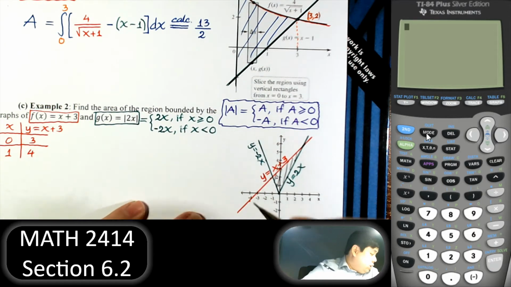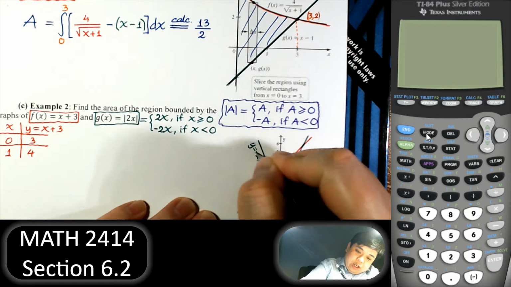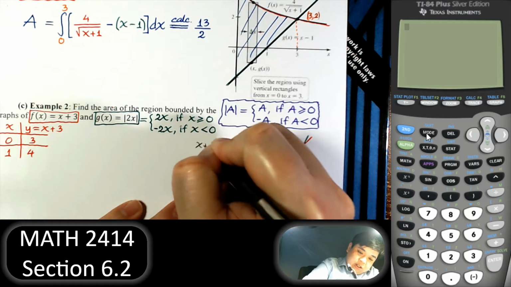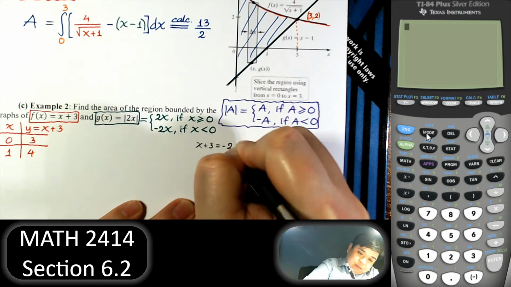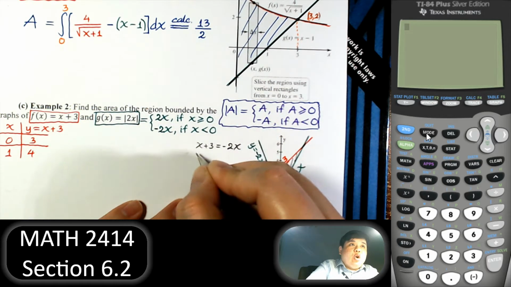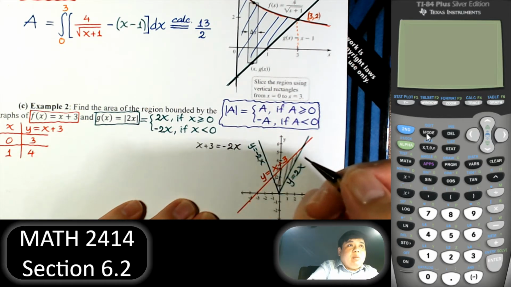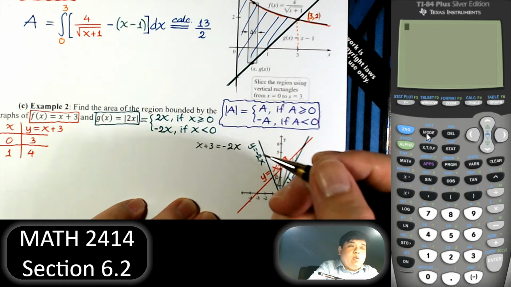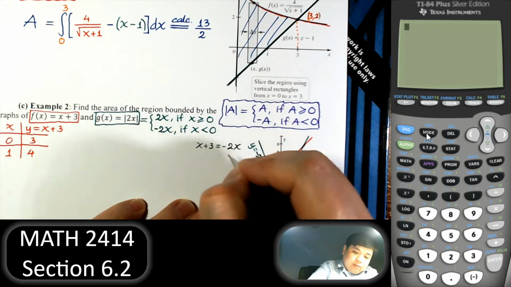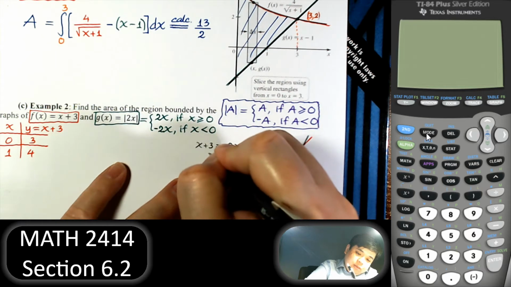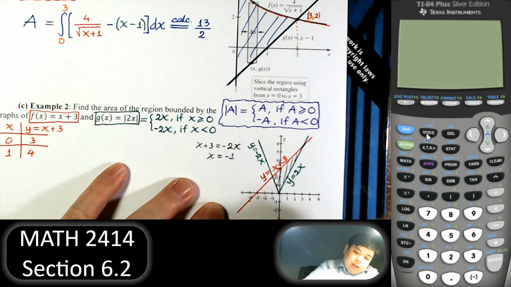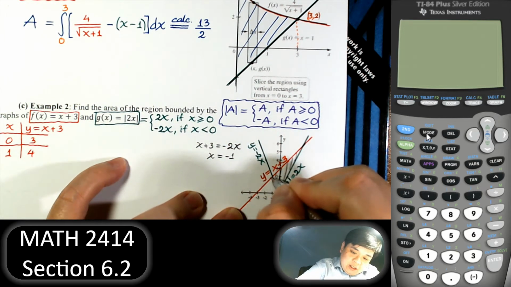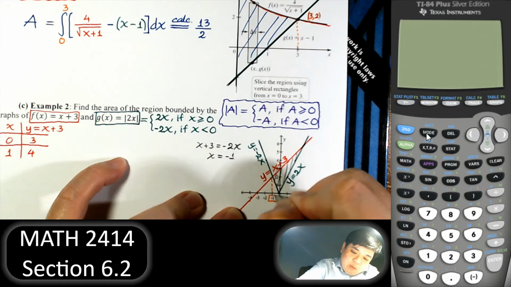Just going to do that quickly. x plus 3 equals negative 2x, for instance. Move the x over, move the 3 over, and divide, so x equals negative 1 here. So that's why we have this intersection at negative 1.